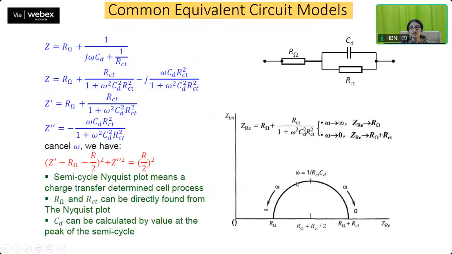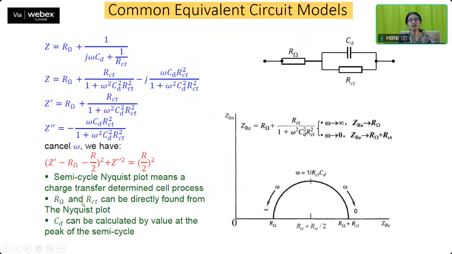So you have this semicircle Nyquist plot coming because of this particular cell structure. On the left-hand side, this is basically the high frequency area, and you will find this semicircle cutting the Z prime line. This tells you that there is an inbuilt resistance in this particular cell, and along with it, the charge transfer resistance which is happening.